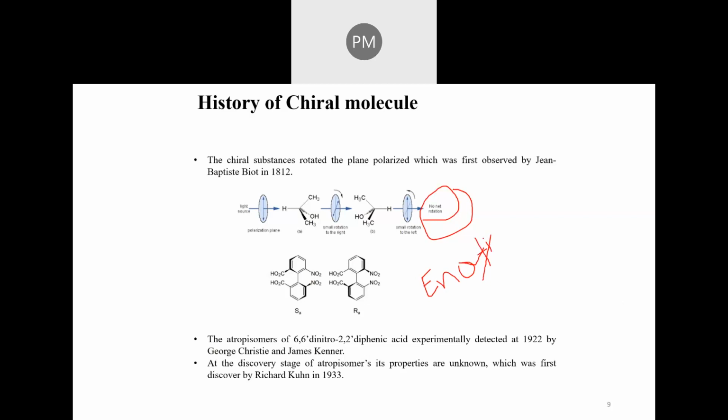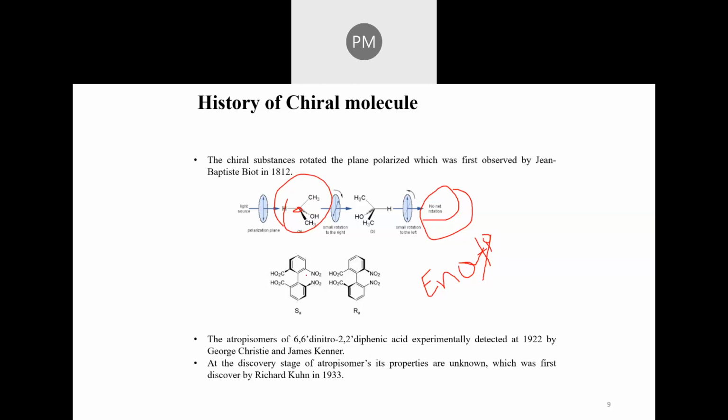And when one of the R and S isomers is higher, like R is in excess or S is in excess, we call that enantiomeric excess. This chirality comes at the point of carbon, where the four substituents are different.